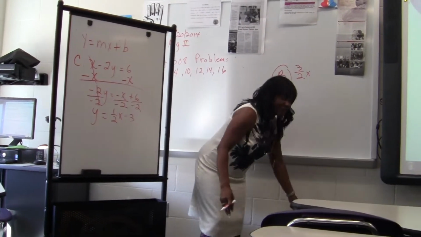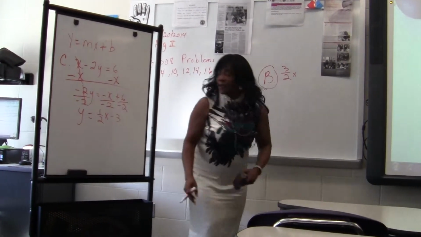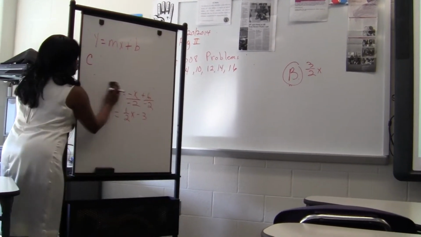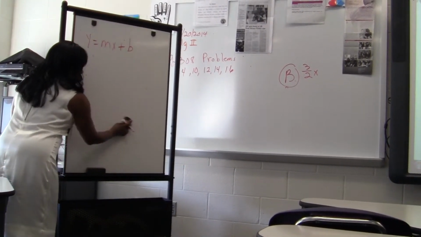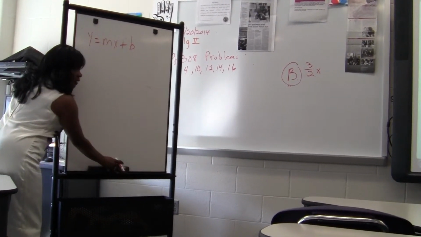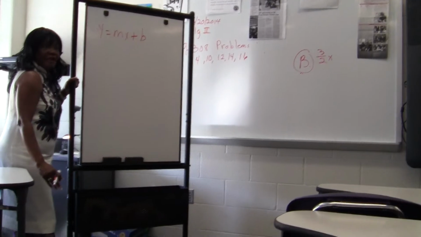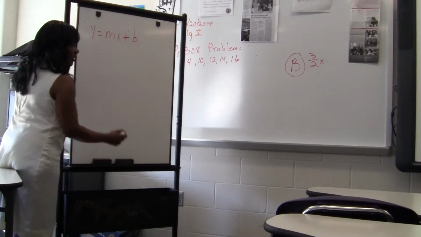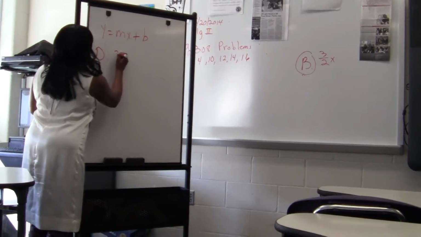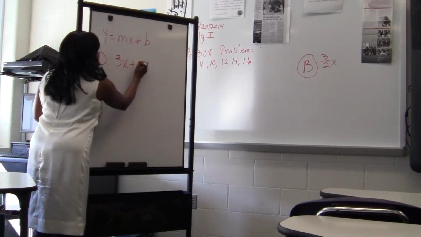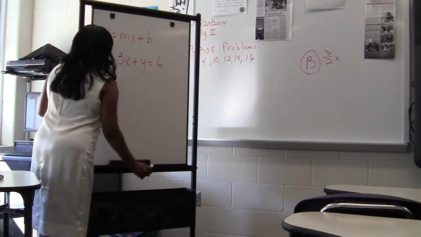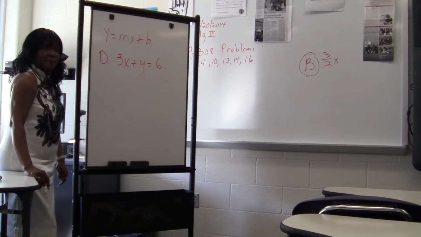Now we need to look at D. Okay? Let's look at D. Who am I going to call on next? I need Mr. Gardner to interact with me. Mr. Gardner? You up, sweetie pea? What's that? 3x plus y equals what? 6.